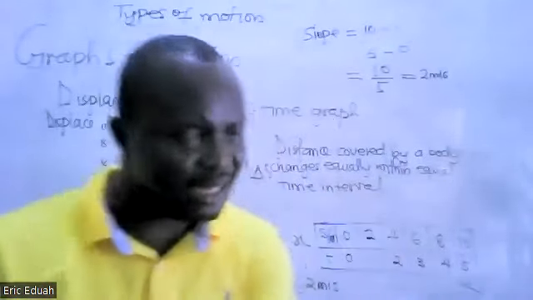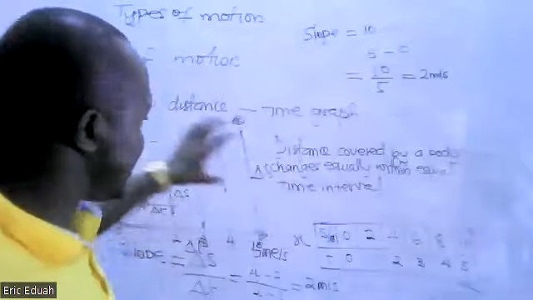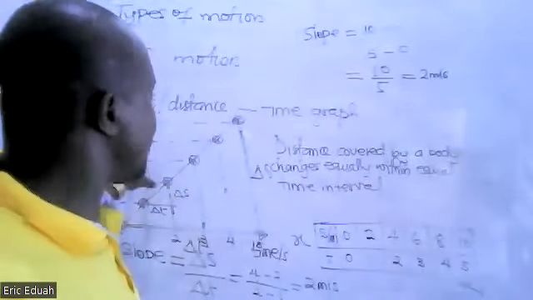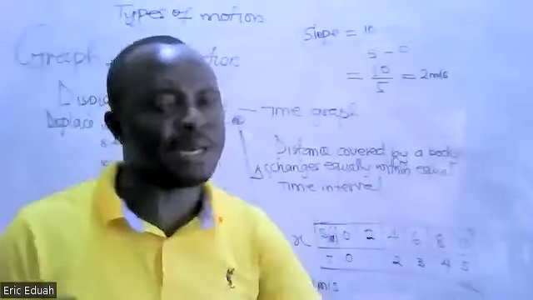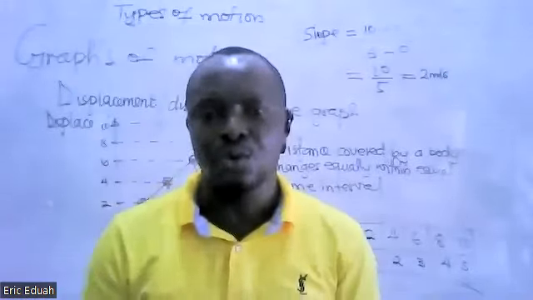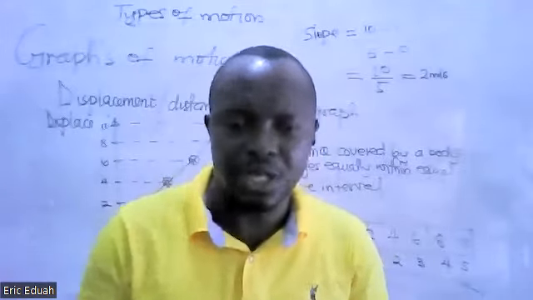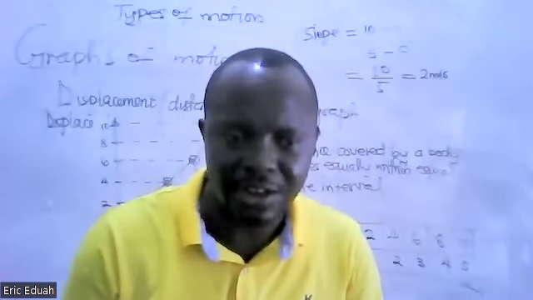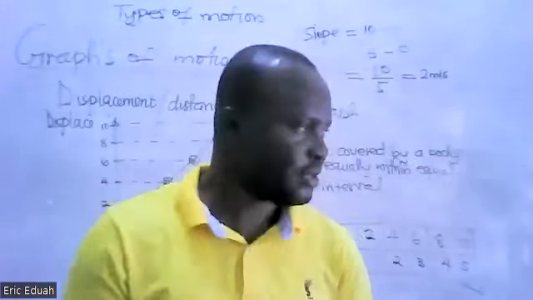And the other thing we've learned here is that if you plot a graph of displacement against time, the slope would give you the velocity of the moving body.